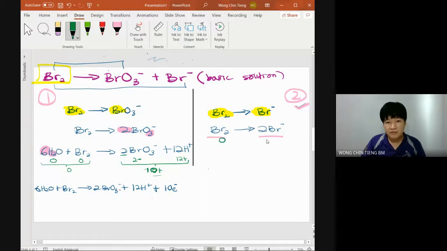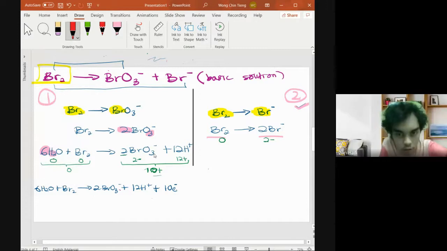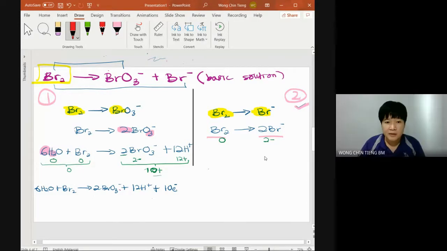Okay? And then next, over here, seterusnya, we have your Br2, 0, sebab charge 0. 2Br minus, we have 2 minus. 0 and 2 minus, Zikri. Tambah elektron kat mana? Tambah elektron dekat Br2 sebab dia lebih positif. Kosong dengan 2 negatif.